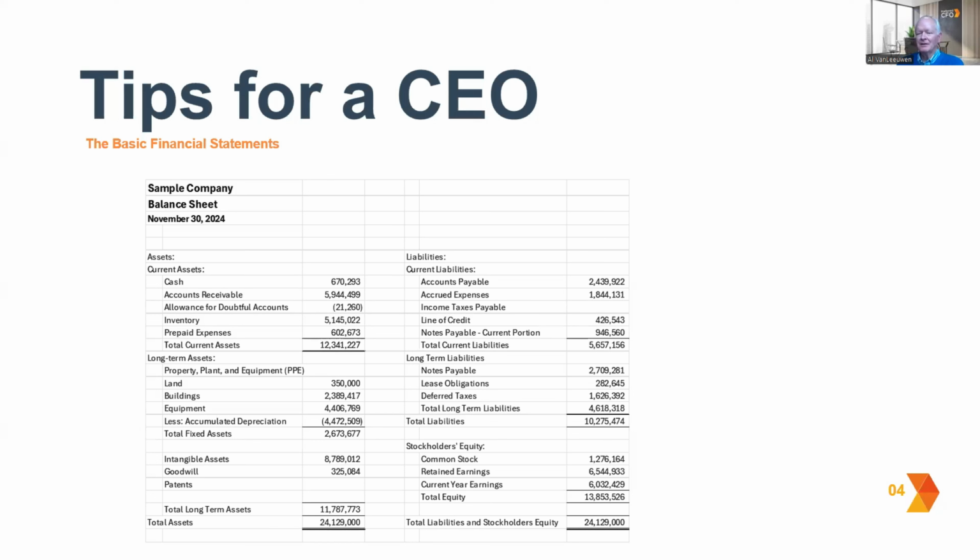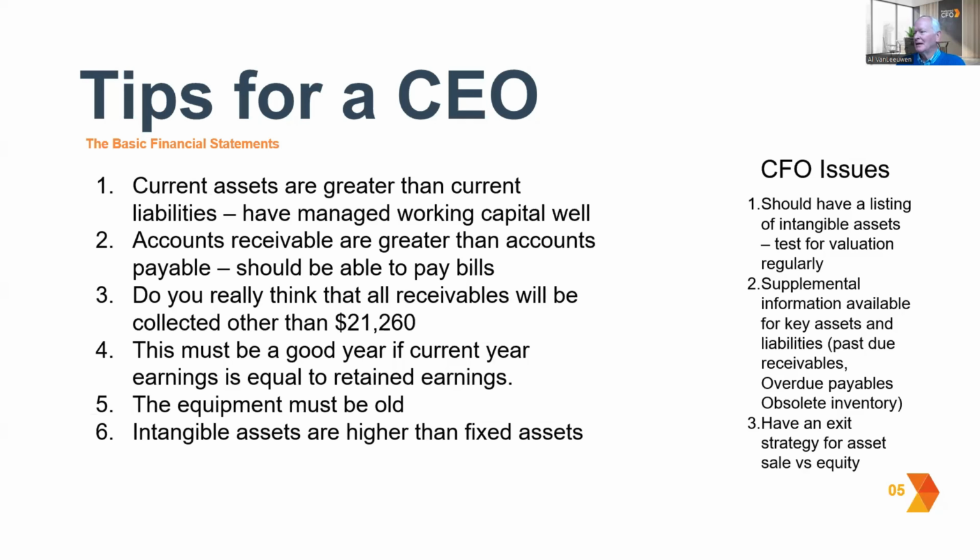Now I just wanted to indicate to any CFOs that were here that the issues that a CFO should make sure to address for you is that you should have a listing of your intangible assets and test them for valuation correctly. Are they really worth what you think they're worth?